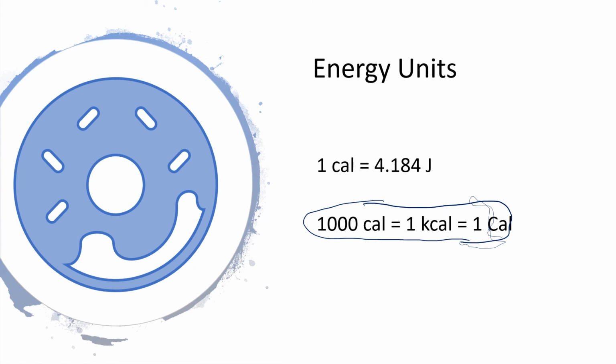That's what's used for food. If your food label is written correctly and it says that this snack has 40 Calories, it should be with a capital C. 1 food Calorie is equivalent to 1,000 scientific calories.